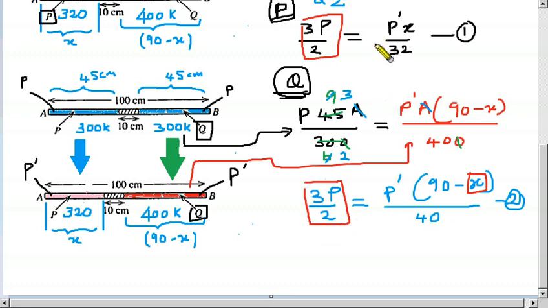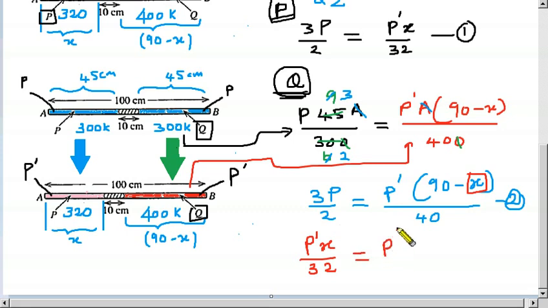So we can substitute: P dash X divided by 32 is equal to this one, P dash times (90 minus X) divided by 40.